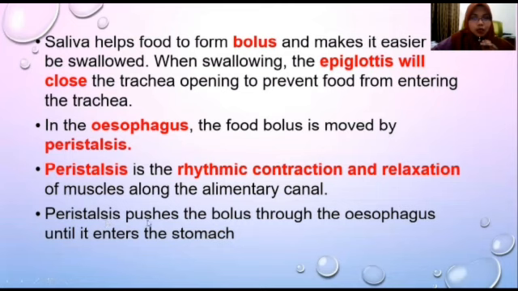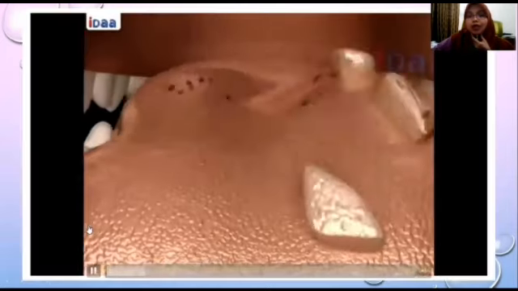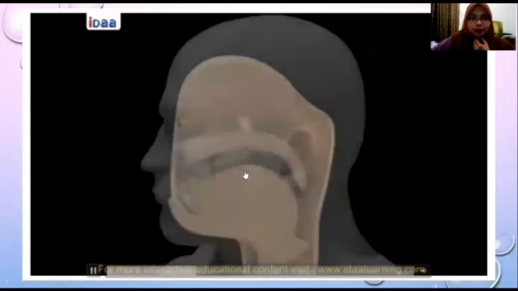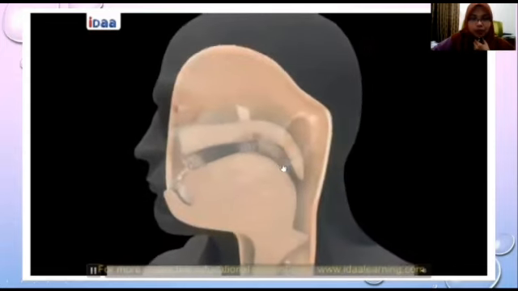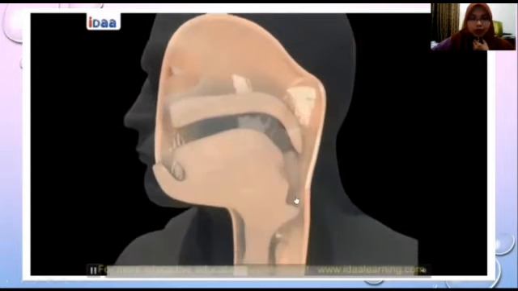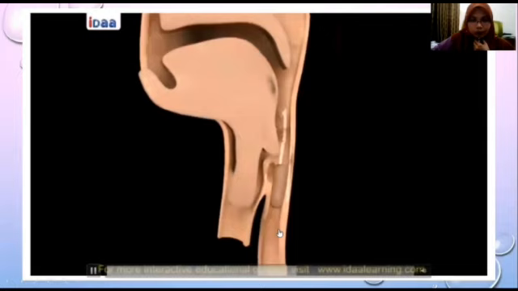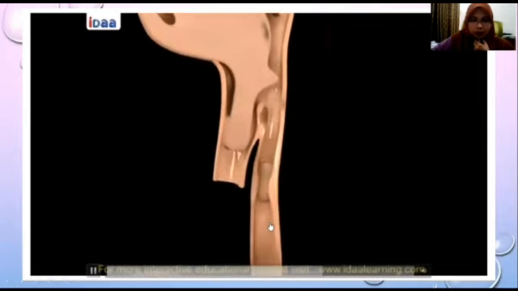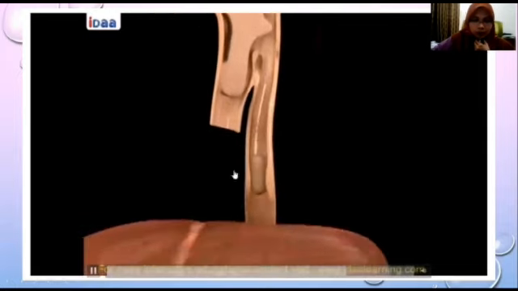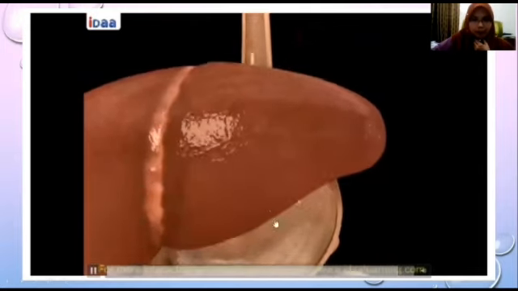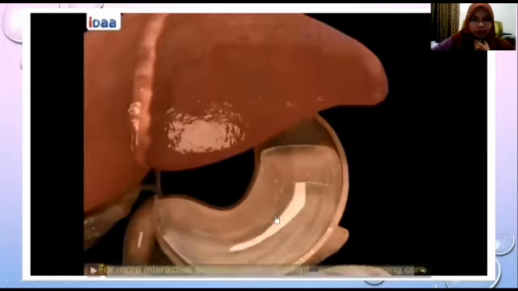This movement will push the bolus through the esophagus until it enters the stomach. This is salivary amylase. This is our esophagus. So you can see now the bolus will enter our esophagus, the epiglottis will close. So now the food or the bolus will enter the stomach. So this is what we call peristalsis in our esophagus. So now the food is in the stomach.